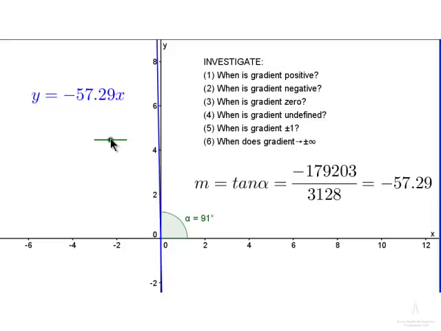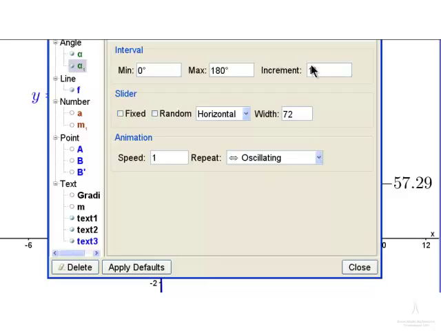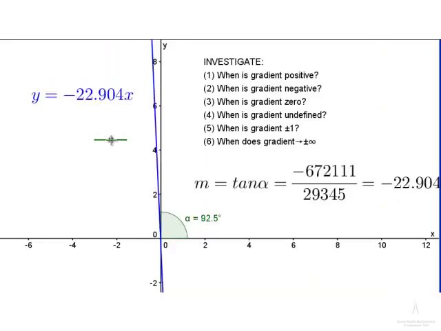Now I'm going to go into my parameter, and I'm going to change the step. At the moment it was 1 degree. Let's change it to 0.01. So I'm going to take smaller steps. And let's repeat this process.